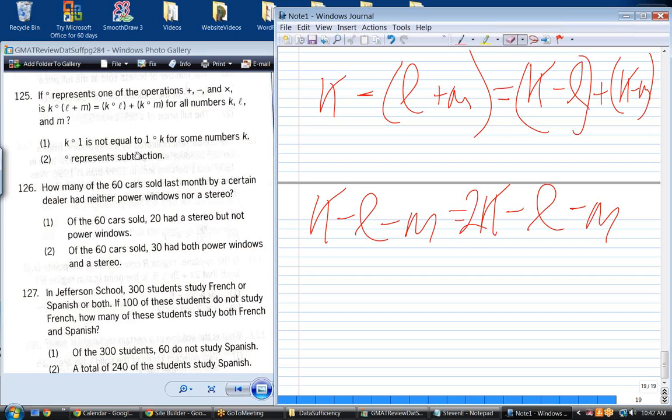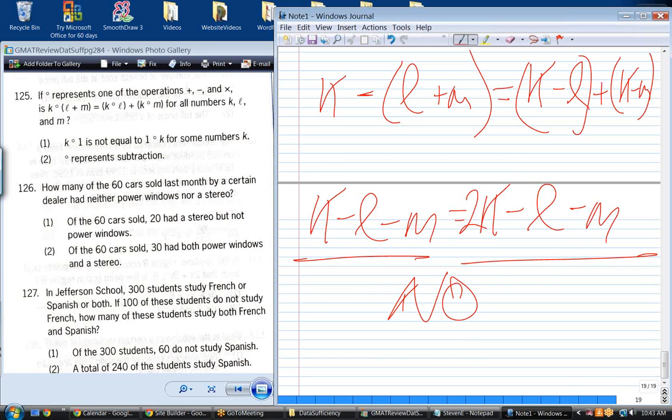It does. It's not equal to it. In other words, it answers it in the negative. If this represents subtraction, then we end up with this, is that equal to that? And the answer is a solid no.